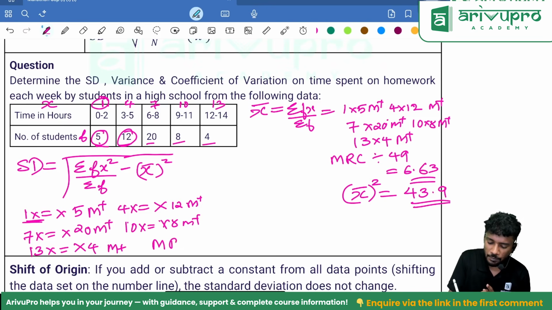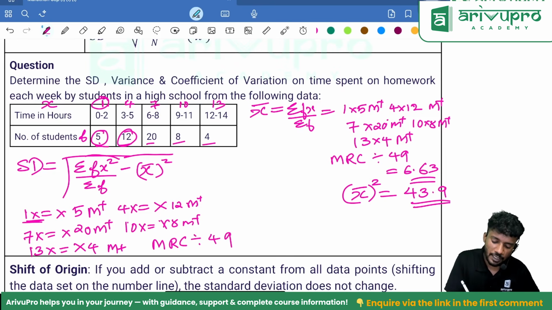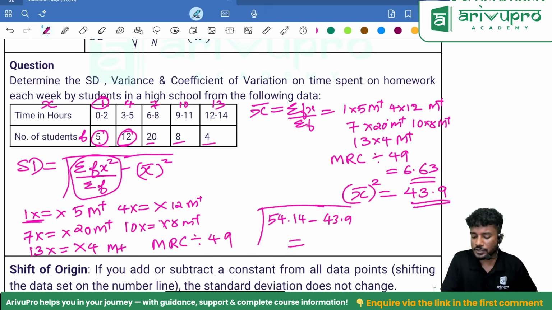Finally you will click MRC divided by 49. So the value of sigma fx squared by sigma f is 54.14. Then 54.14 minus 43.9 is how much? Root of 10.24.